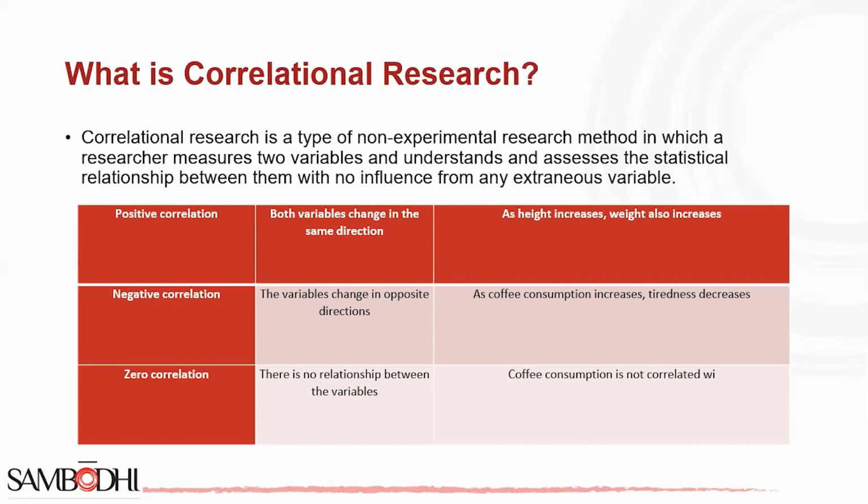Next is zero correlation analysis. Zero correlation analysis is a method of analysis in which there is no connection between the variables. Zero correlation research combines multiple parameters which are not mathematically related.